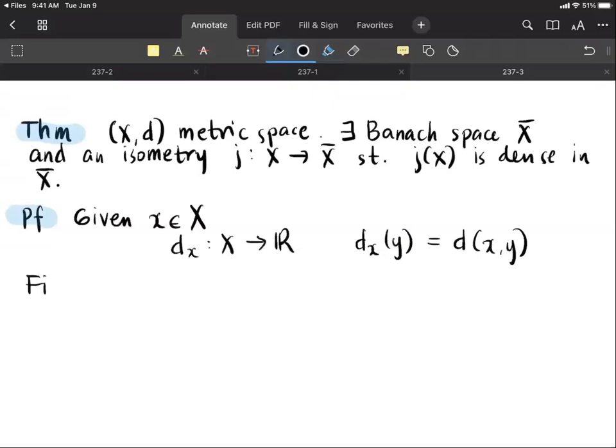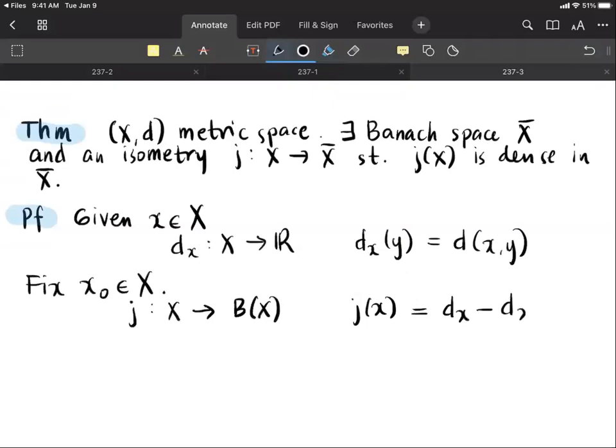Now let us fix an element x naught, and we define the map J from X to B of X as follows. So what is the value of J of x? This is d of x minus d of x naught.